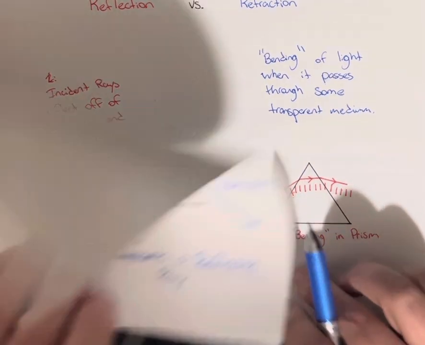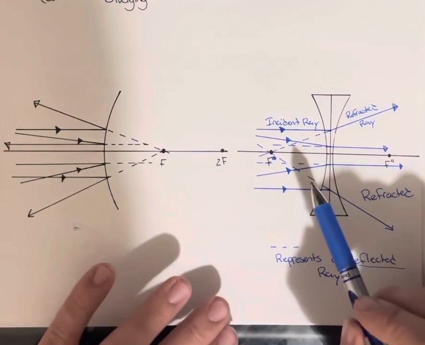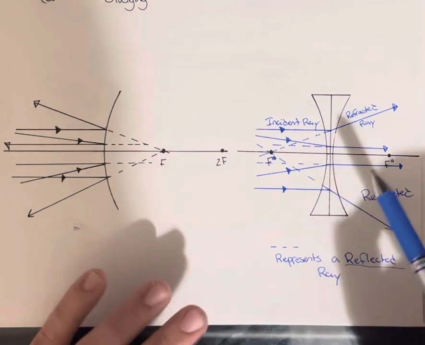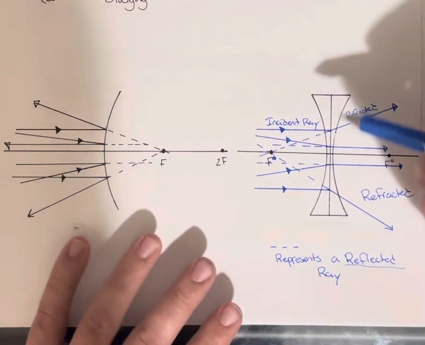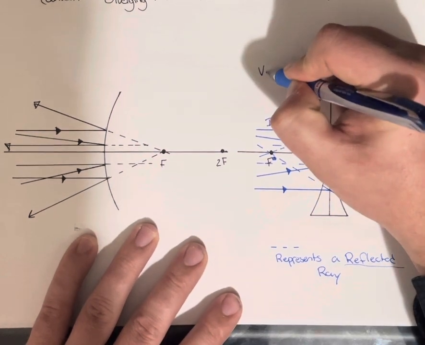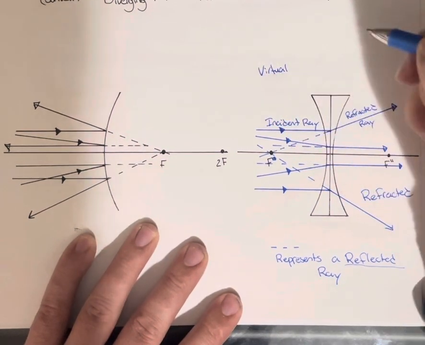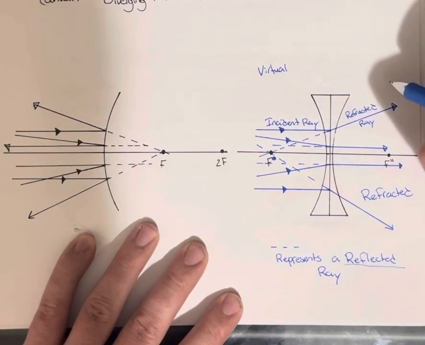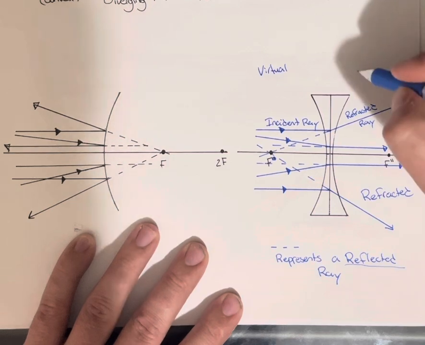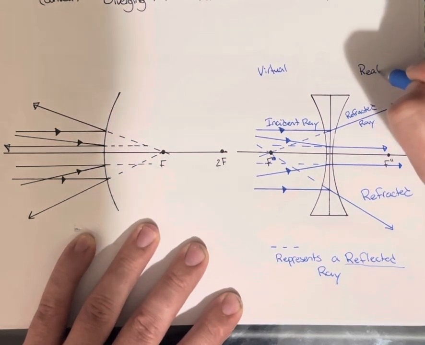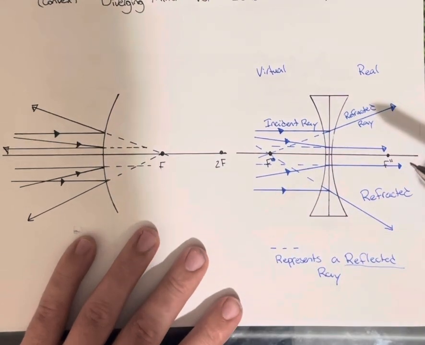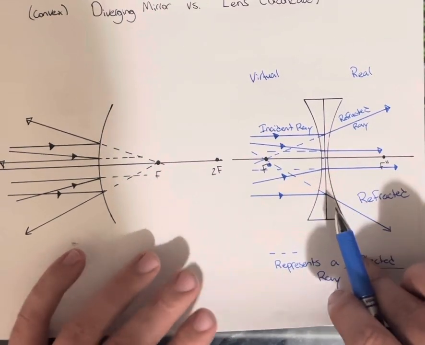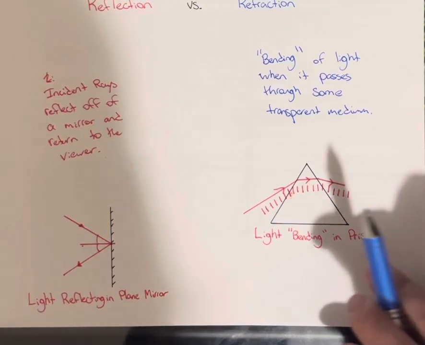And really, this is why now in lenses, the image appearing on the same side as the object is going to be virtual, whereas images appearing on the opposite side of that lens are going to be real. That is because these are individual reflected rays. They're not necessarily the real or the original light wave that is passing through that lens.